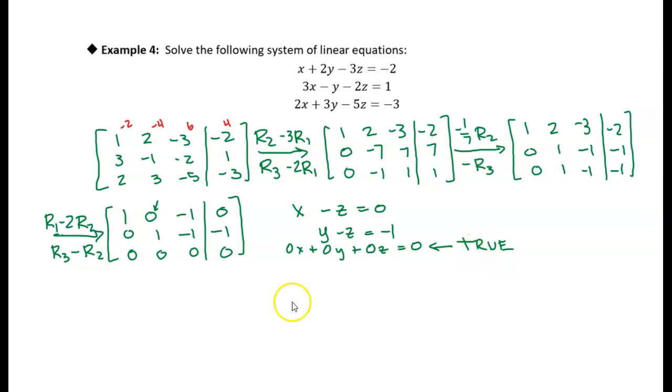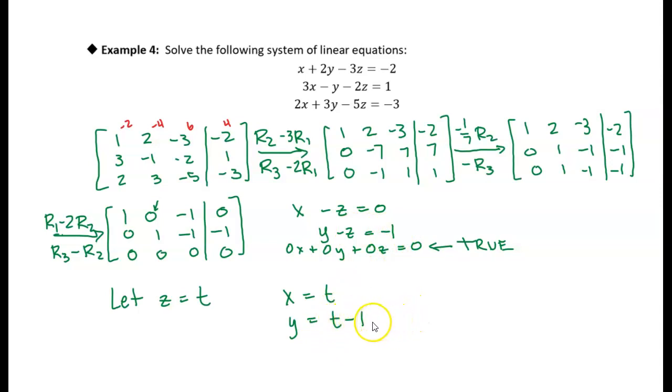So what we're going to do is parameterize this solution. I'm just going to say, let's let z be t. I'm going to use that as my parameter. Then if I put that value of t in for z, the first equation just becomes x equals t. And the second equation becomes y is equal to, adding z to both sides, and z is t, so y is equal to t minus 1.